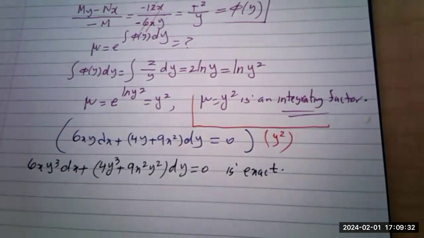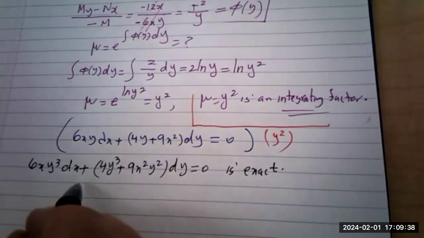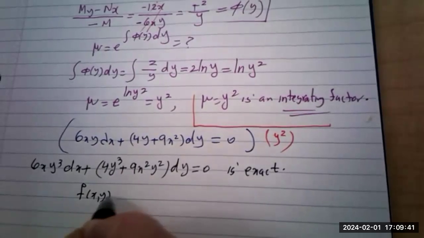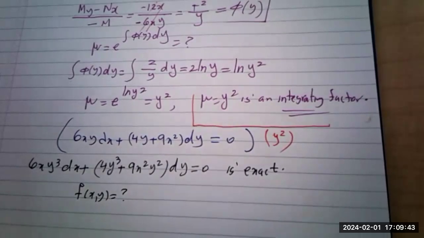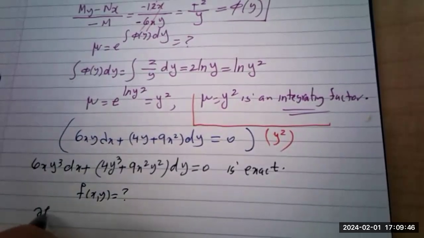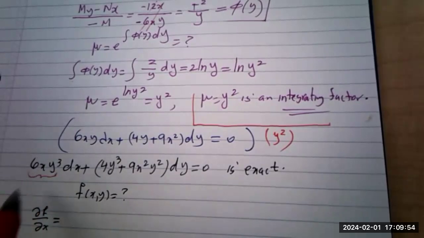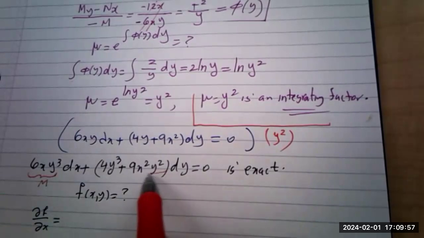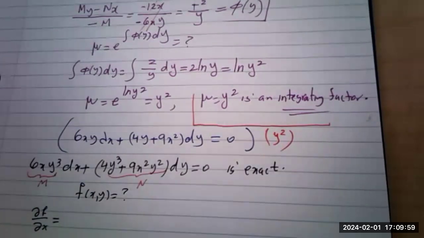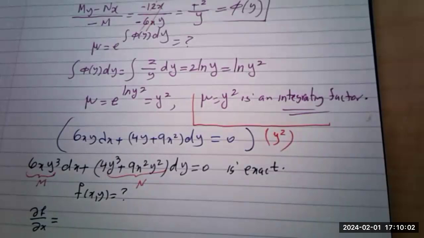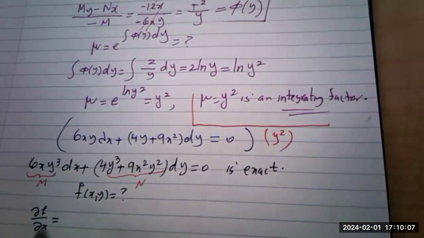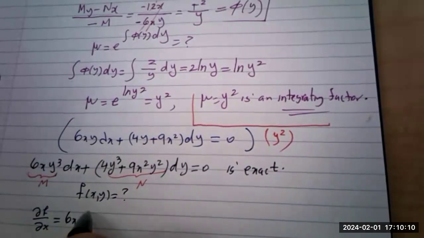Now I start working on the solution of the exact equation. So we are looking for the function f of x comma y that satisfies this condition. Partial f partial x is going to be equal to the new M. You see, this is your new M, if you like, for this part, and this is going to be your new N. And you want to solve this equation. So partial f partial x is equal to 6xy cubed.